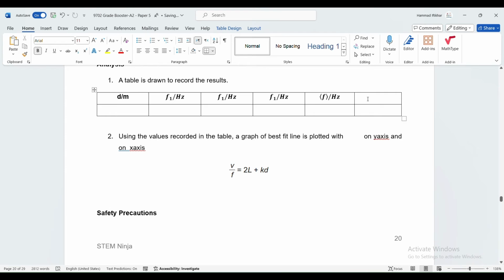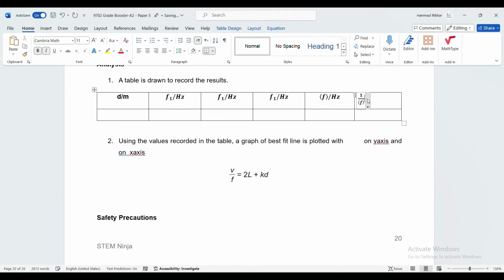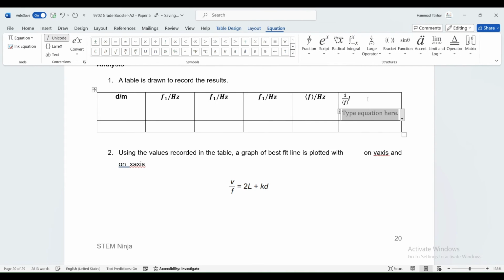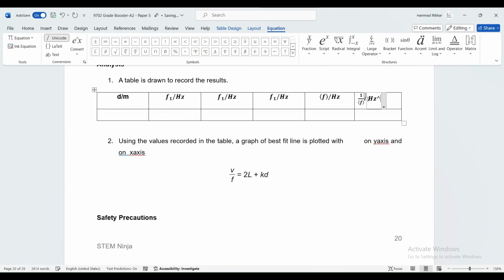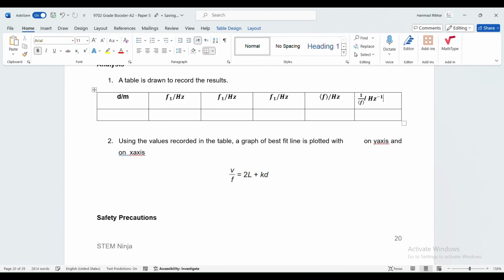So 1 divided by this, and that will be recorded in hertz per hertz, basically. So like this.